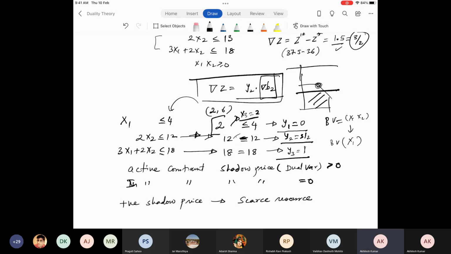Suppose you want to increase profit, what is the maximum amount of money you are going to spend to buy 1 unit of resource at plant 2?